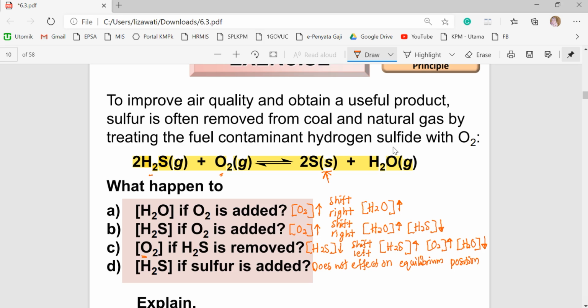Therefore the concentration of H2S remains unchanged.